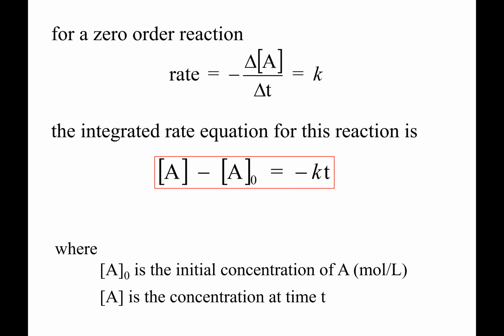I'll start a little thing here. I would probably write this down. Zero order, the time concentration equation looks like this: molar concentration of A at time t minus the molar concentration of A that you start with, or A0, is equal to negative Kt.